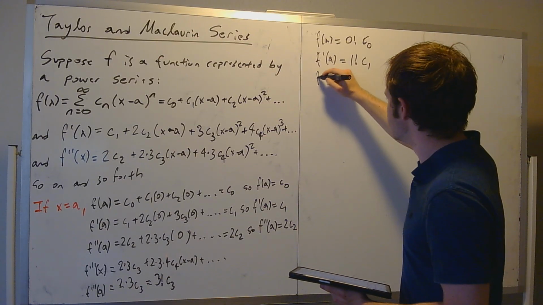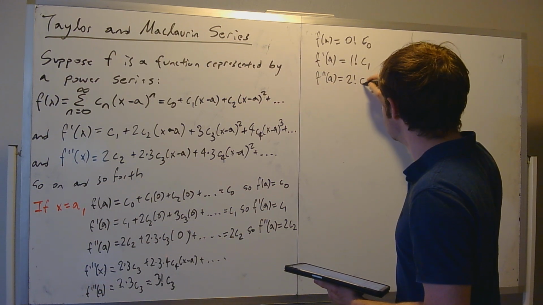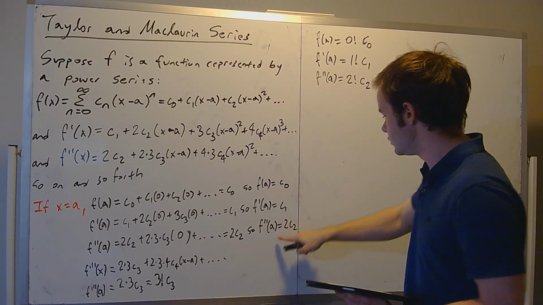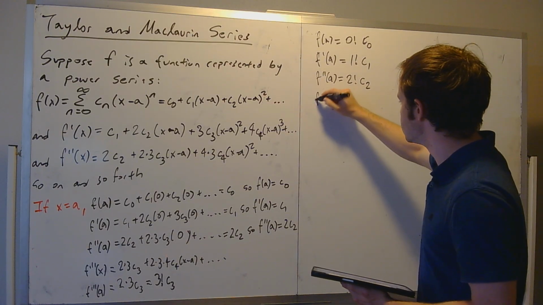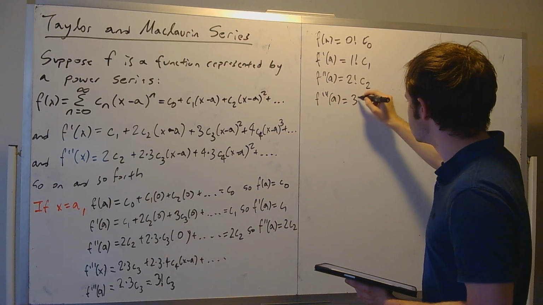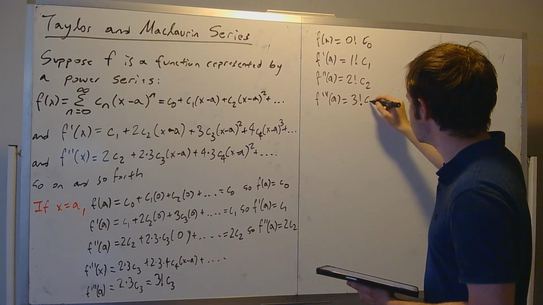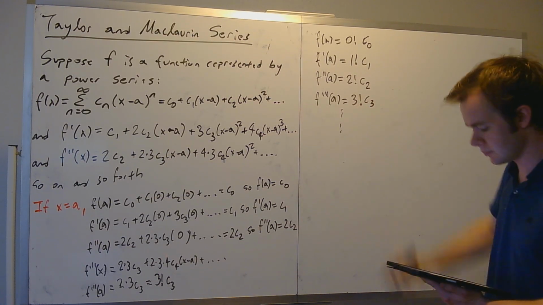If we have f double prime of a, we get 2 factorial times c2, which again, 2 factorial is just 2 times 1, so that's just 2. F triple prime of a was going to be 3 times 2 times 1, so it's 3 factorial times c3, and so on, right? This is just going to keep going.